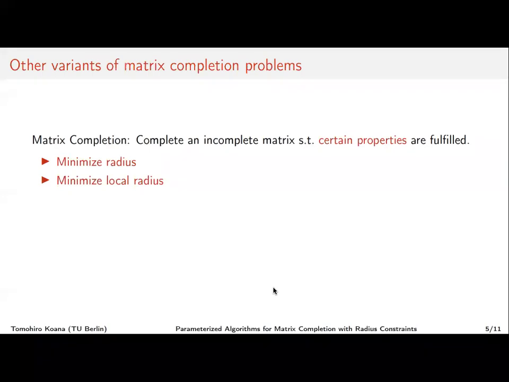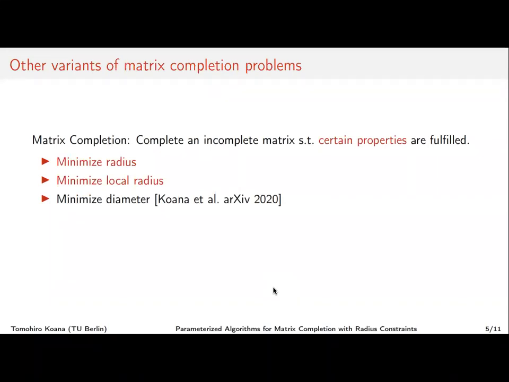But it's not limited to radius. In fact, we have another work with the same authors that is studying the minimizing diameter variant. And moreover, there's also work from 2 years ago, which studied the variant where you want to minimize the rank of the completed matrix.